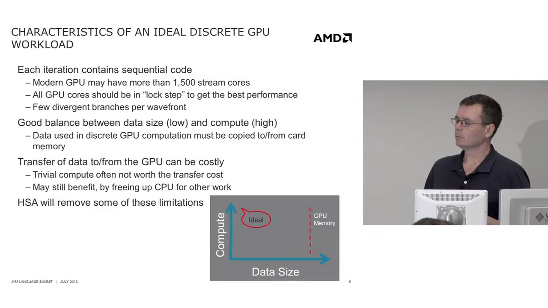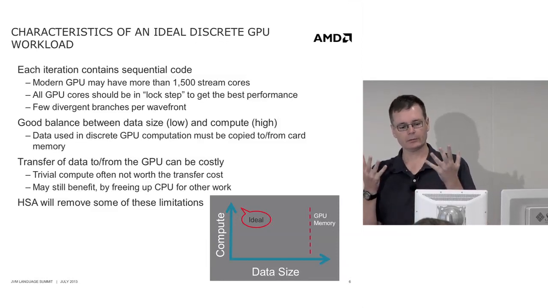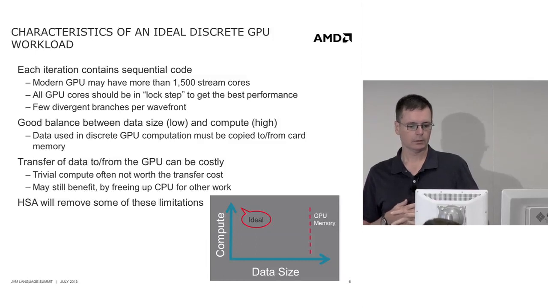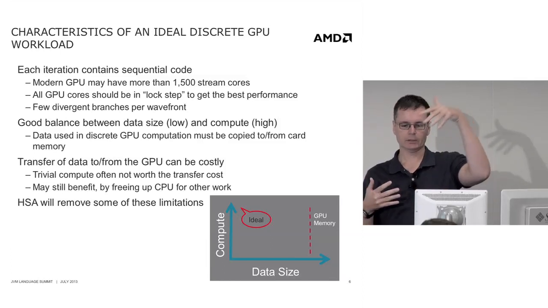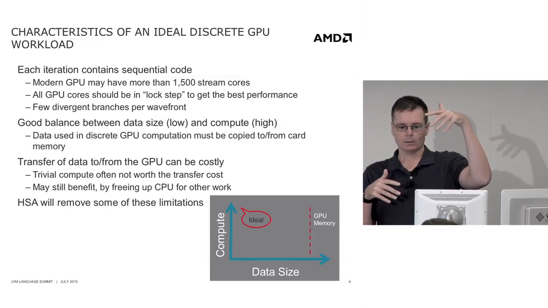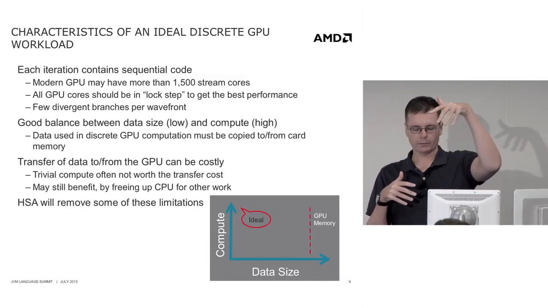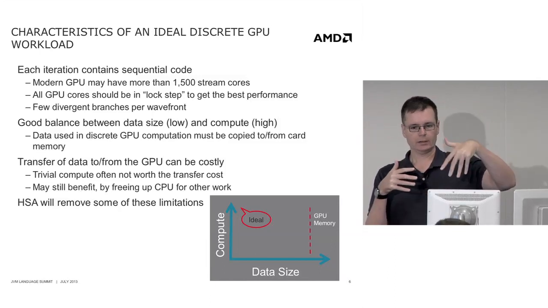So as I said, one thing you really want is for your algorithm to be fairly straight line code. You want all the cores to more or less be in lockstep with not too many divergent branches, because if you're running straight line code and you come to an if-else block, all the cores that take the if block will execute, but all the ones that are going to do else are basically predicated off.